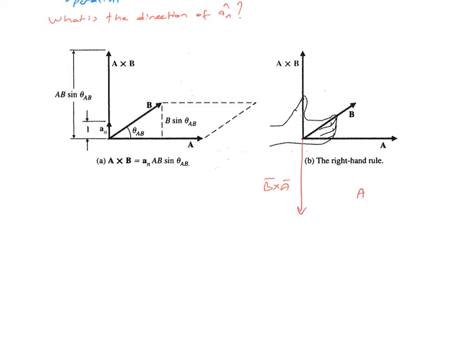So A cross B is equal to minus B cross A. Let's write the definition of unit normal vector A sub n. A sub n is the unit normal vector which is perpendicular to the plane containing vector A and vector B.